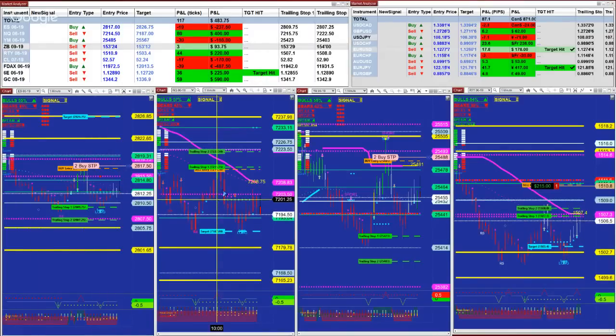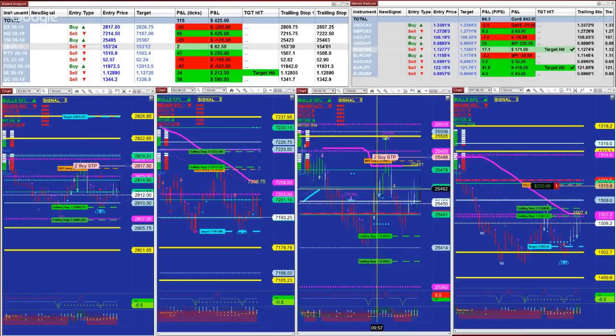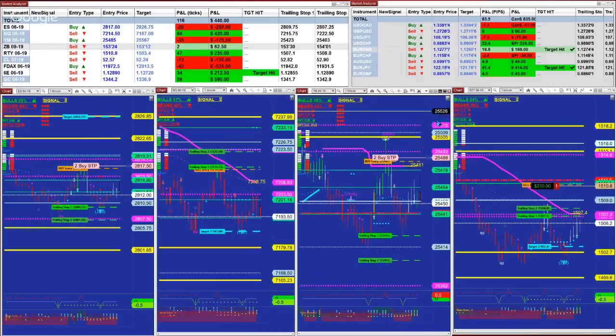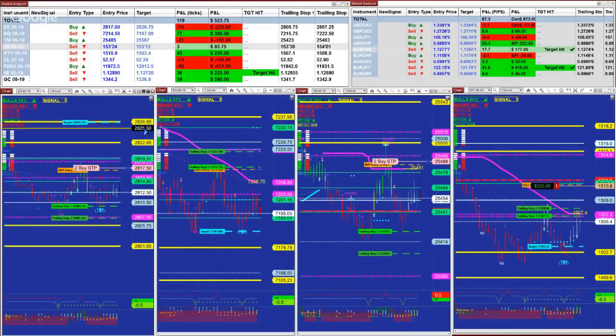There is no trade in this area, no trade in this area, and no trade in that area here. It is extremely choppy. Wait.